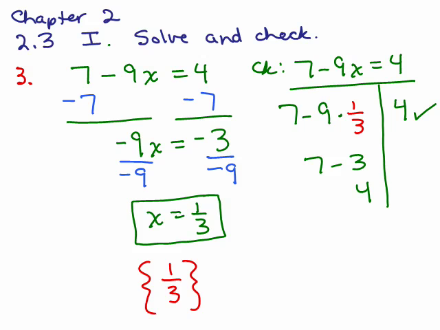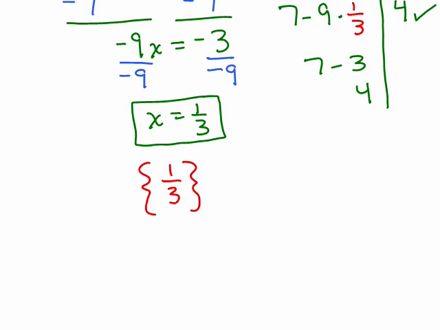Now another way to do this same problem is you could change the signs of everything before adding or subtracting a number to both sides. So let's do this problem using that method. So we take the same problem, which is 7 minus 9x equals 4.